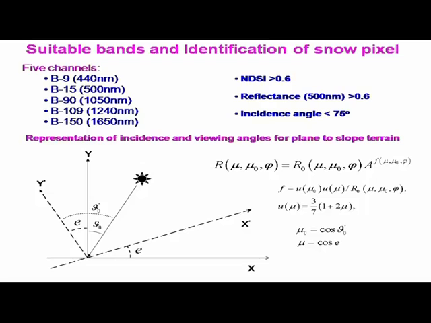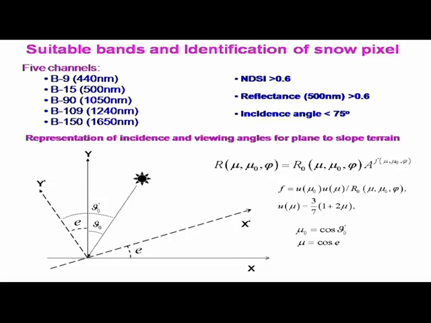So we have selected only those bands from which we can get the grain size, and by applying the ART model, we have estimated the snow grain size.